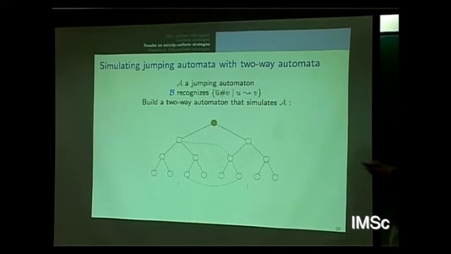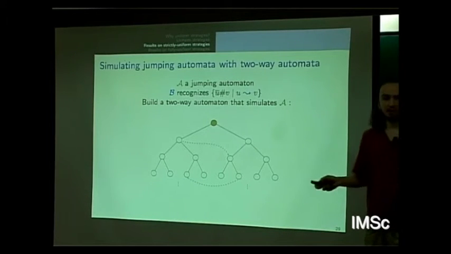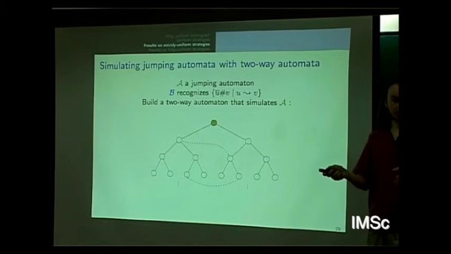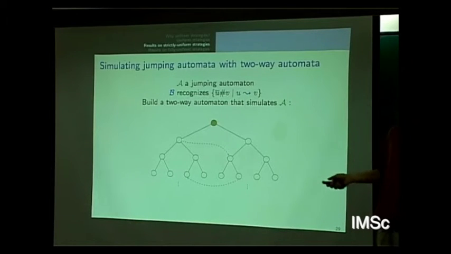As long as the jumping automaton has a normal alternating behavior and doesn't do jumps, you just do the same. But as soon as in the transition of the jumping automaton there is a jump, then the two-way automaton will enter a jump mode, which will simulate the jump. So it triggers the recognizer B in its initial state, and it starts going back up to the root of the input tree.